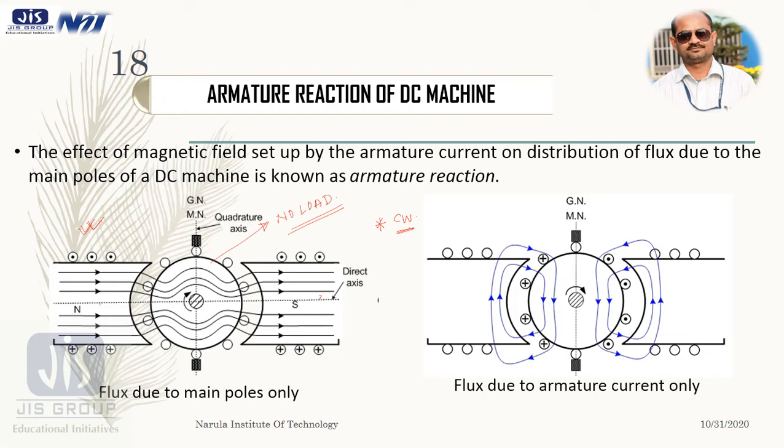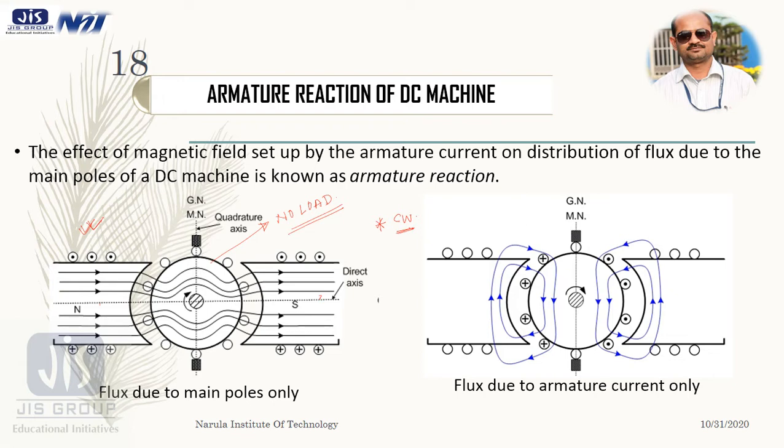Now the vertical dotted line, midway between the north and south pole, indicates the interpolar axis, and this is called the quadrature axis.